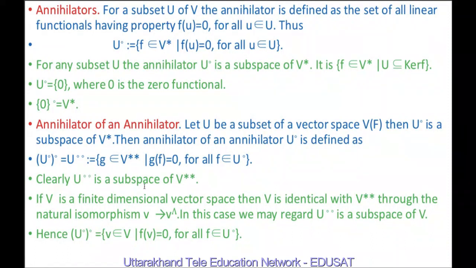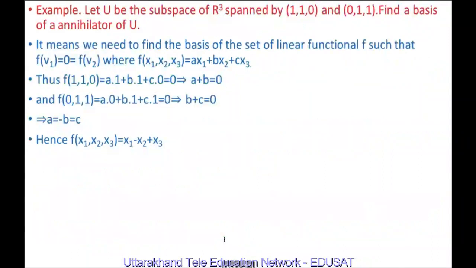If V is a finite dimensional vector space, then V is identical with the second dual space V double star through the natural isomorphism V to V cap. In this case, we regard U double dot as a subspace of V. It means U double dot can be written as v belonging to V such that f of v equal to 0 for all f belonging to U dot, where U dot means the annihilator of U.